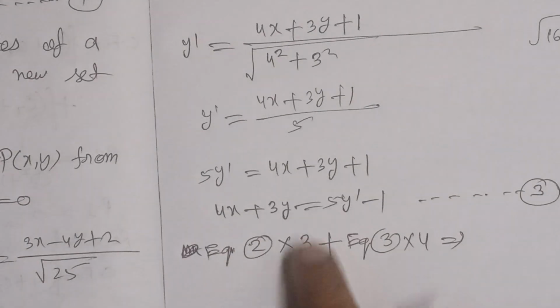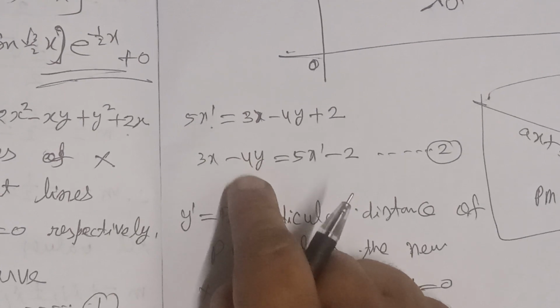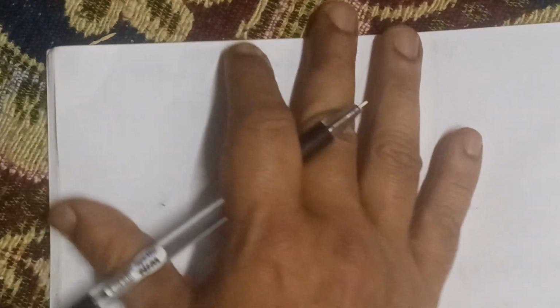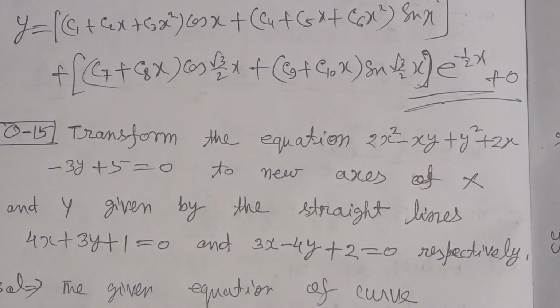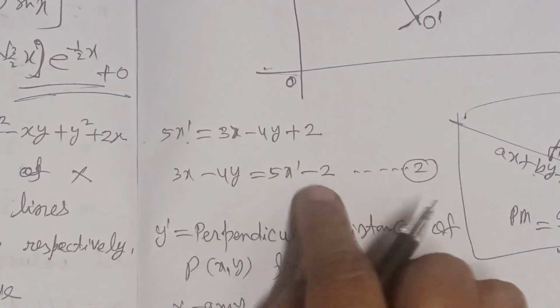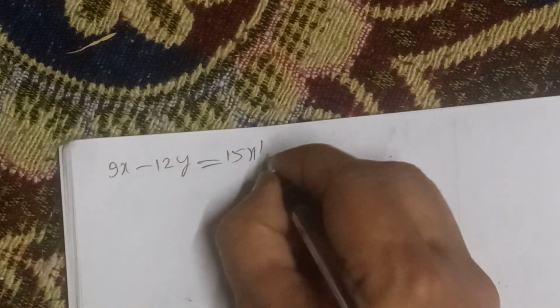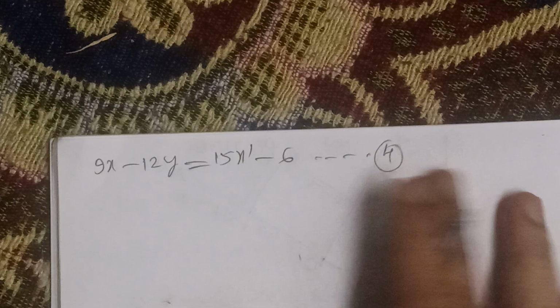Equation 2 multiplied by 3, we get 9x minus 12y on the left hand side, is equal to 15x dash minus 6 on the right. By this we find a new equation. I write it as equation number 4.